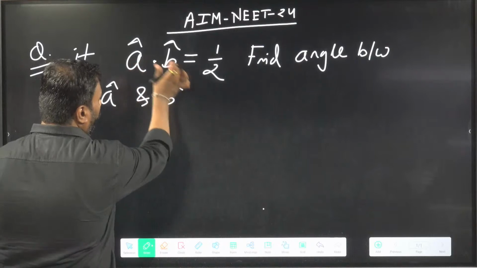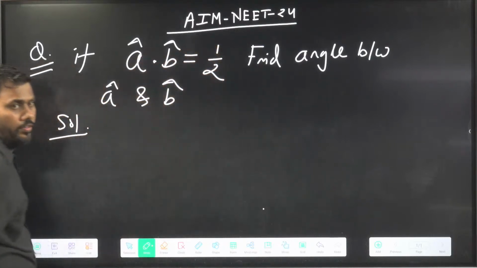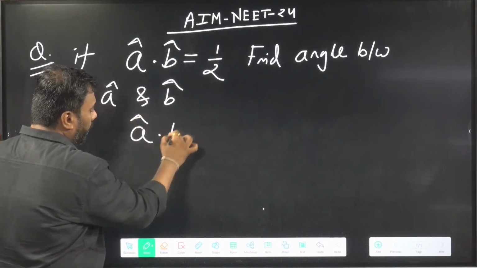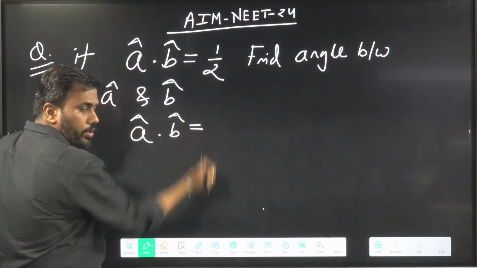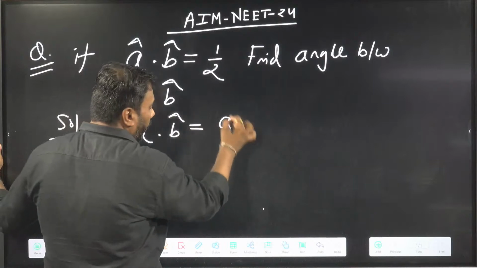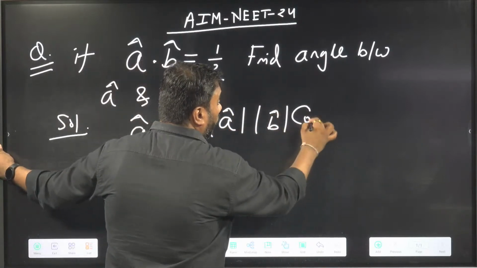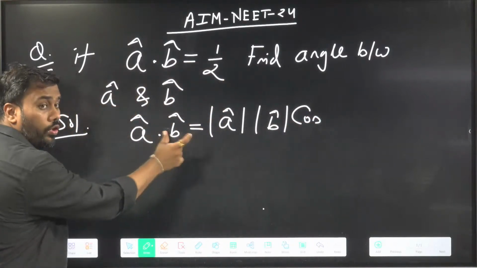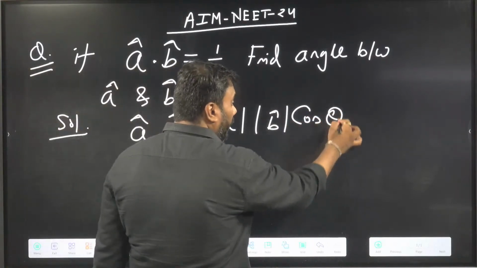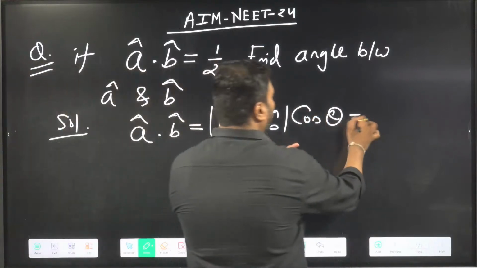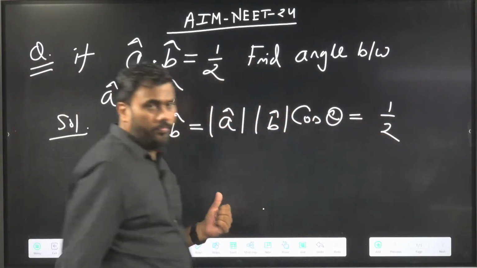The dot product of two vectors is given as half. What is the meaning of dot product? The dot product of A and B is the magnitude of the first vector, magnitude of the second vector, into cos of the angle between them. We want the angle between them, and this is given as half.